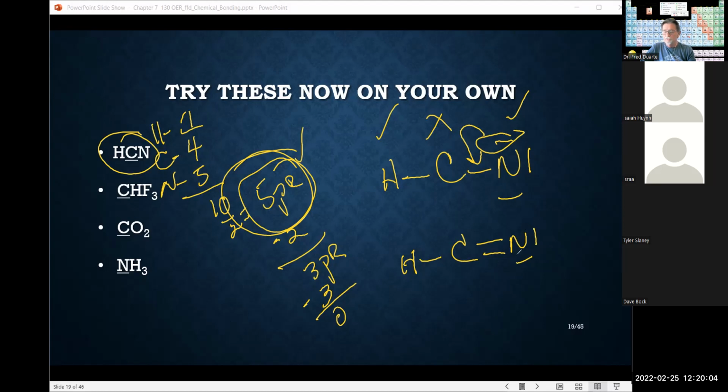5 pair. Now check for the octet. Nitrogen's still good with 8, hydrogen's still good, carbon not so good. It now has 6. So what do we do? We again share another pair with carbon. So now we can create a triple bond.